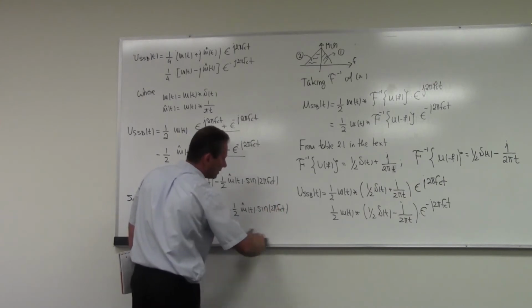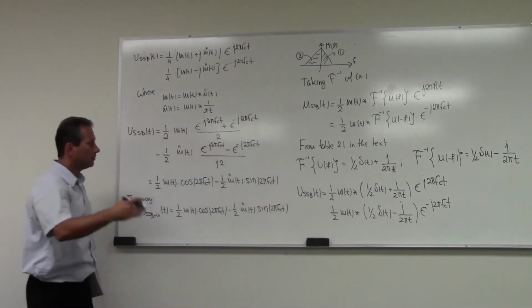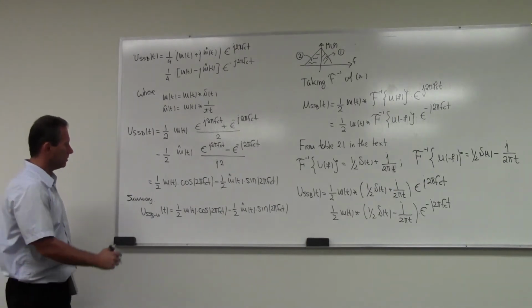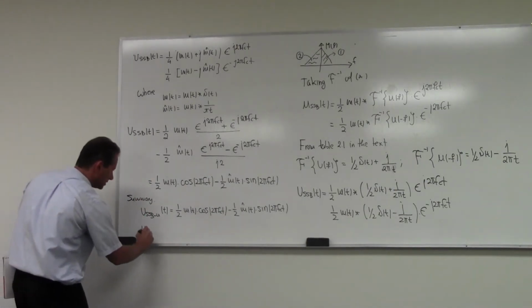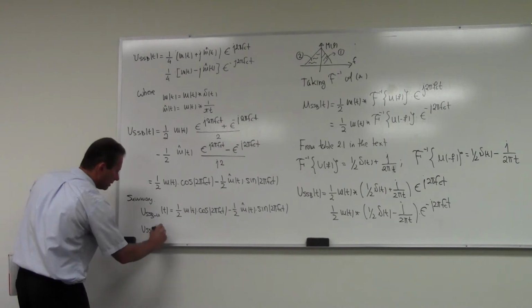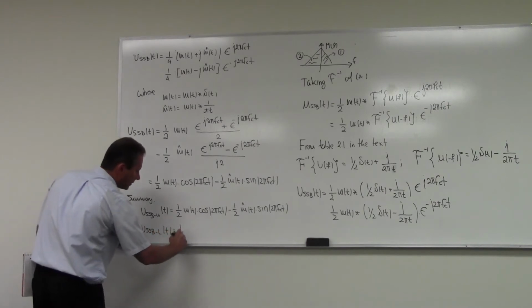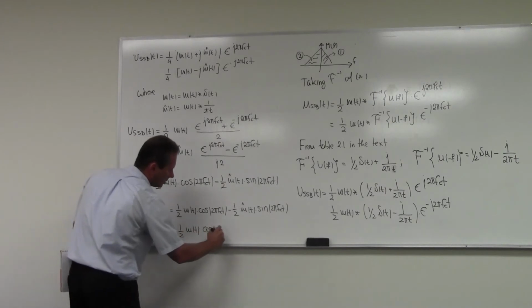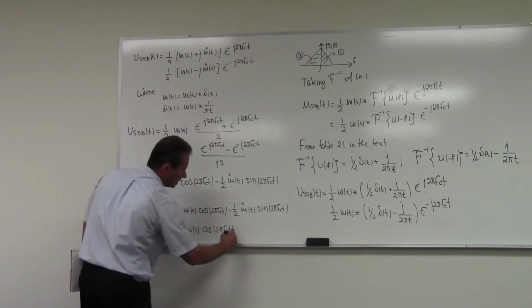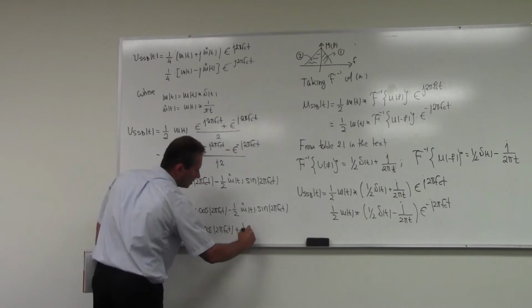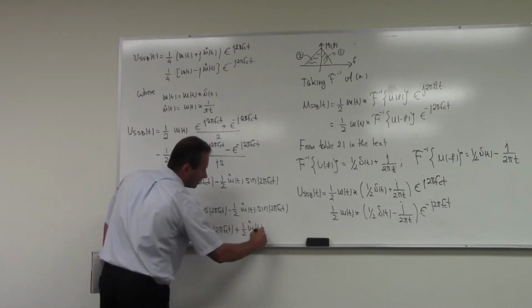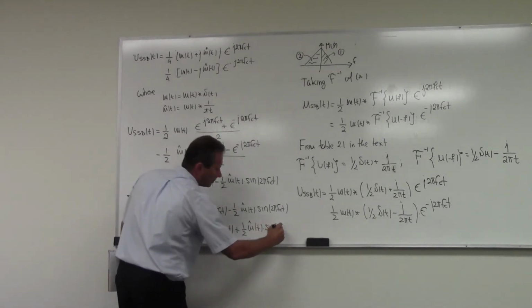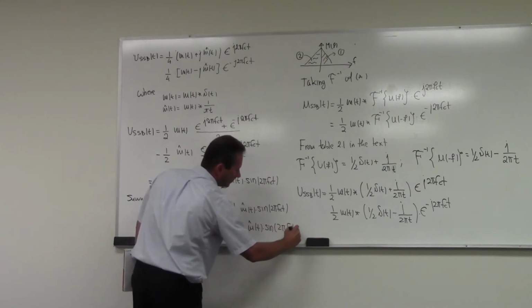If I want to remove the upper sideband and keep the lower sideband, you can go through essentially the same math, and the only difference is that the sign between these two terms is going to be plus, times sine of 2 pi fct.